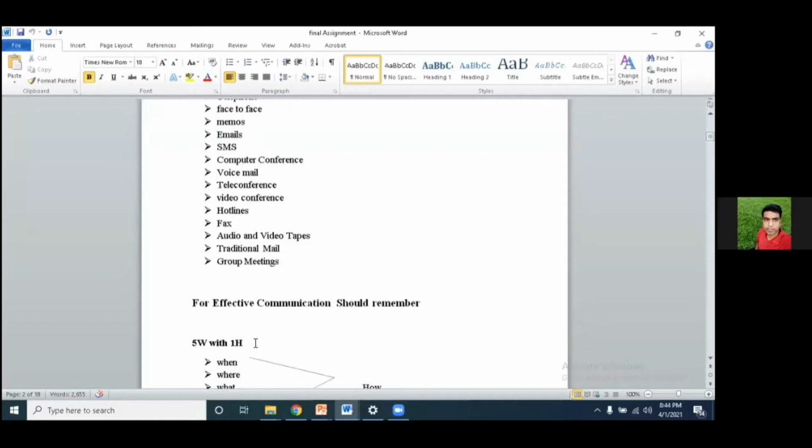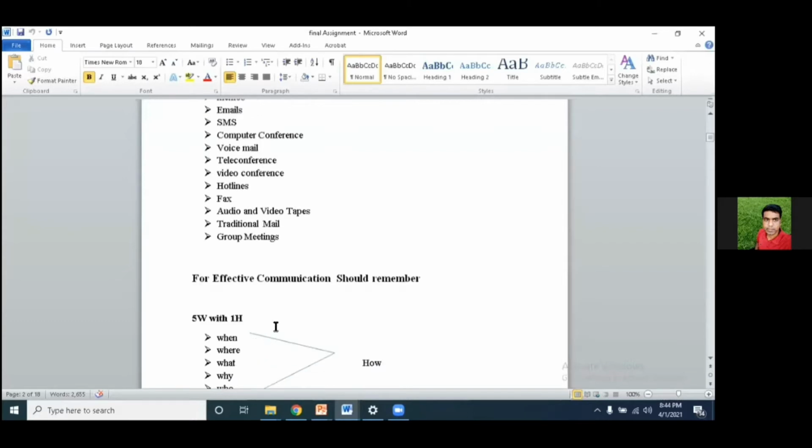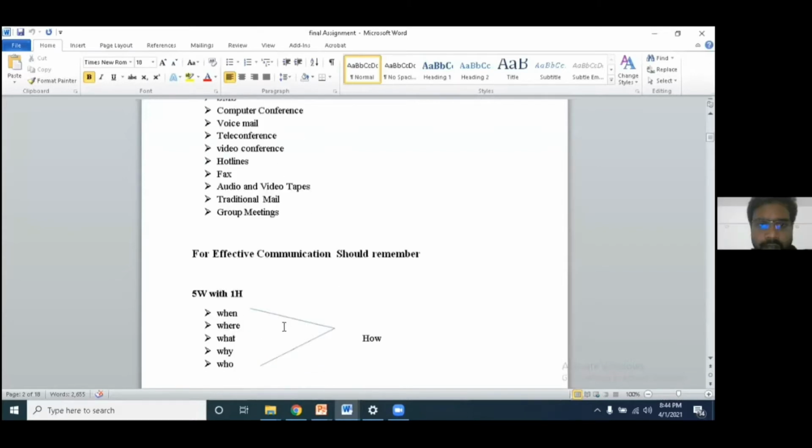For effective communication, we should remember some things like 5W and 1H. There's a shortcut method, 5W with 1H. Like a joke, 5 wives with 1 husband.